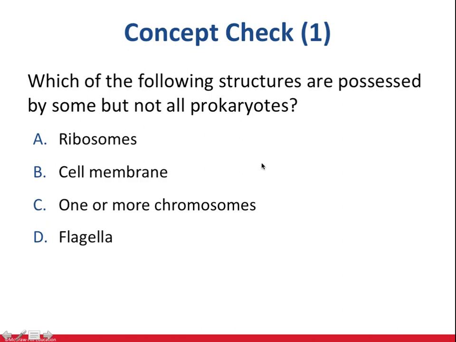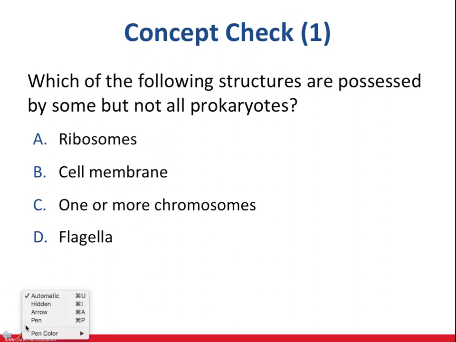Now let's work on this question. Which of the following structures are possessed by some but not all prokaryotic cells? You can see ribosome. The bacteria have to have this because they need it to produce protein. Cell membrane, chromosome.